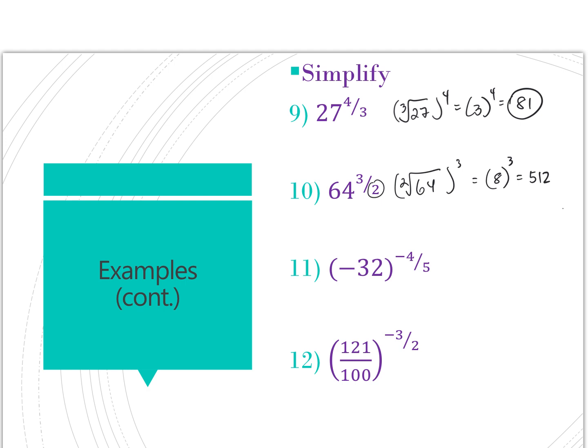We keep going. Now we have here -32, and notice that it's raised to a -4/5 power. So again, I'm going to start by just putting the -32, the whole group, because the whole thing is raised to the power. I'm going to take the whole thing to the denominator spot. It's still going to be negative, but my exponent will no longer be negative. It'll be the +4/5 power.